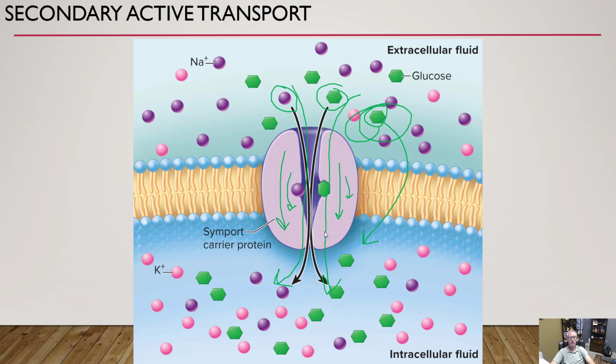So don't get confused when you see secondary active transport. Secondary active transport does not require energy, only because that primary molecule, in this case sodium, we're already bringing it in without ATP. That secondary molecule, glucose, is just a hitchhiker.